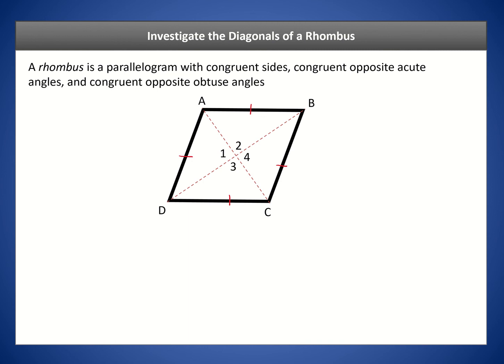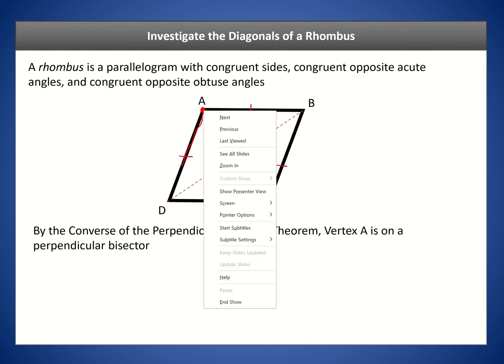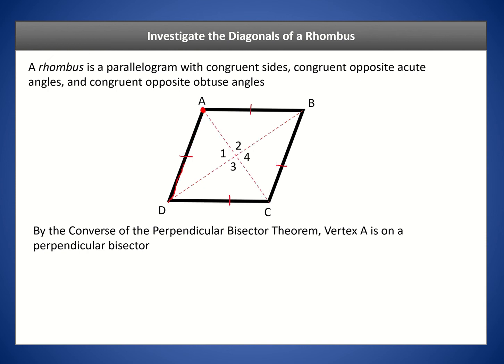Suppose we have two diagonals this time. We want to show the relationship between the measures of angles 1, 2, 3, and 4. We're going to prove that angles 1 through 4 are 90-degree angles. By the converse of the perpendicular bisector theorem, if we look at vertex A, because it is the same distance from D as it is from B, this means that A must be on a perpendicular bisector.